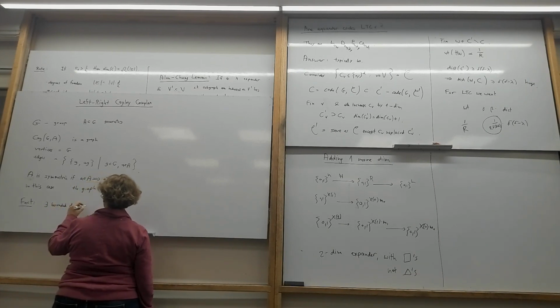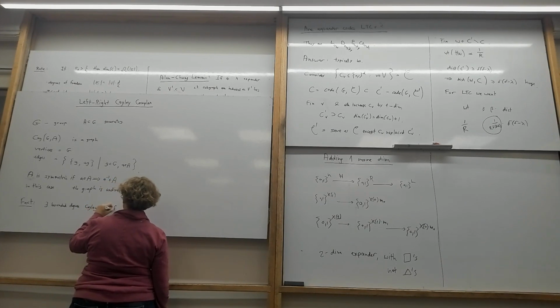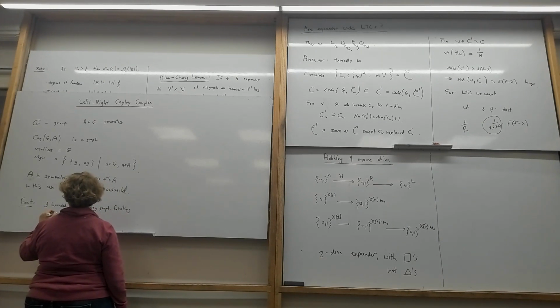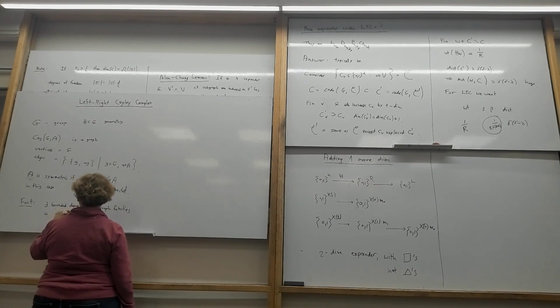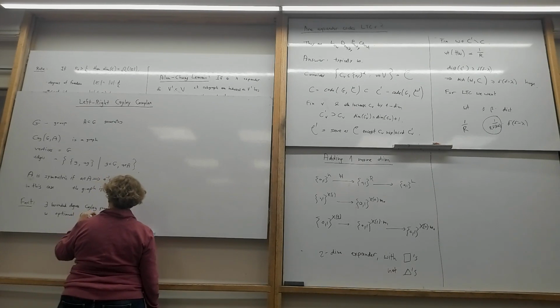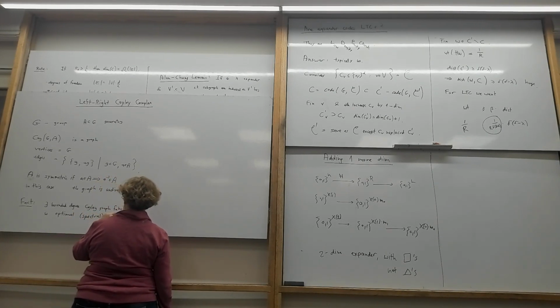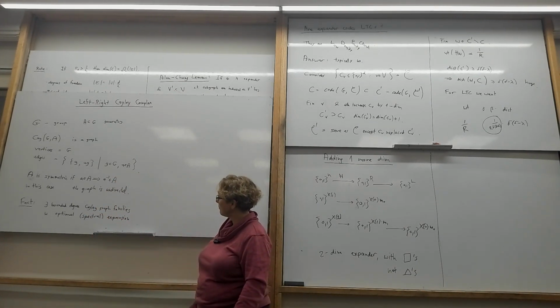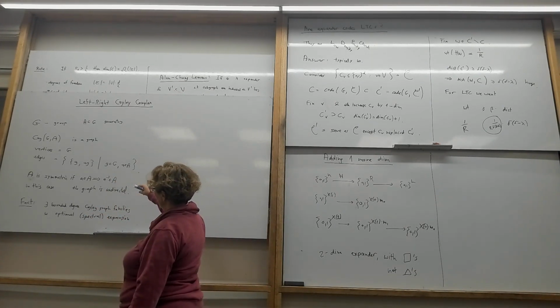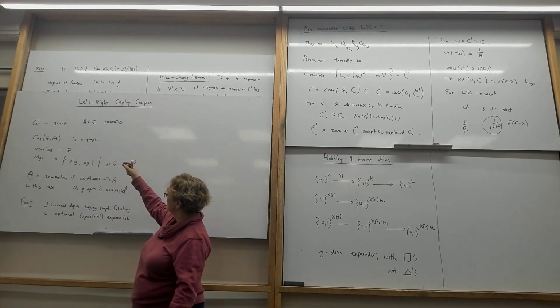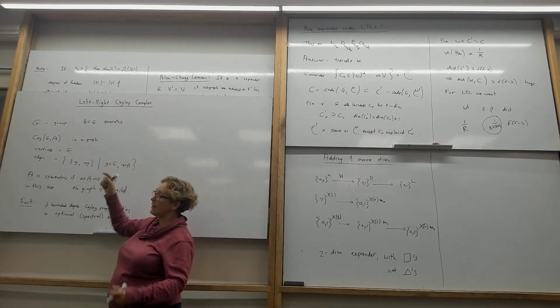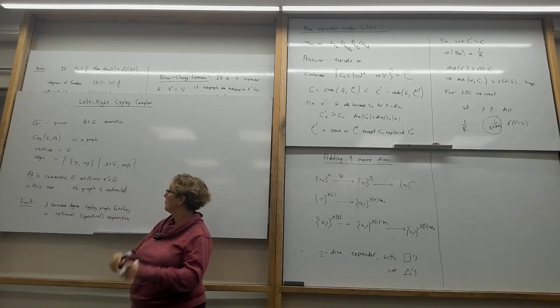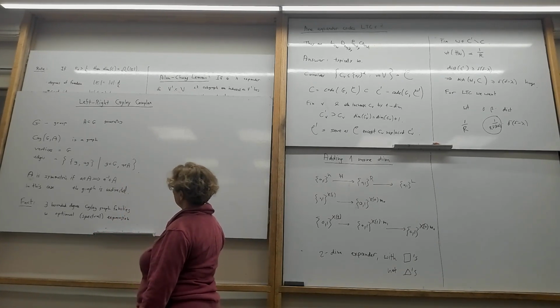There exist bounded degree Cayley graph families with optimal spectral expansion. So actually the best Ramanujan expanders are built as Cayley graphs. So really you can think of the graph as being, the group can be very, very large, but the set A can be very small, like size 10.